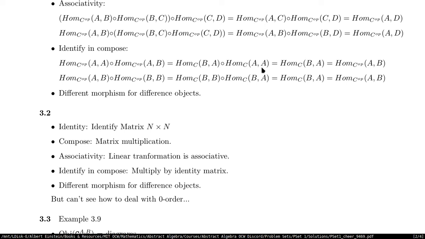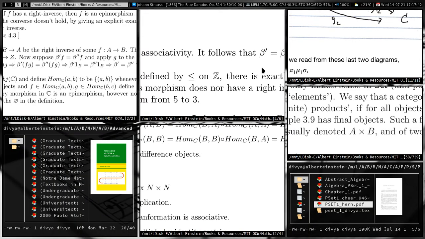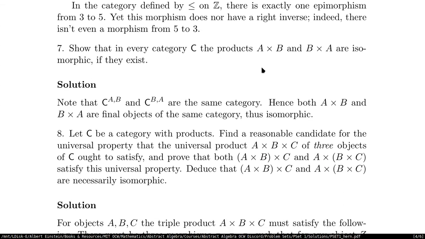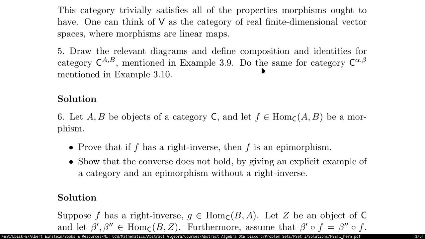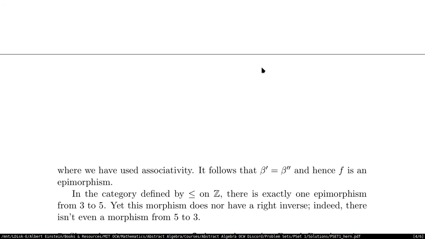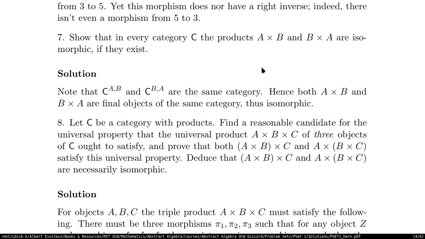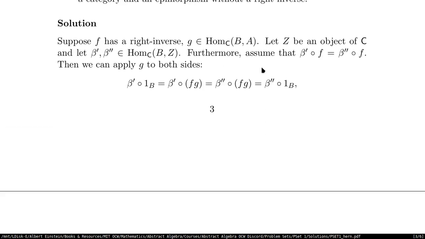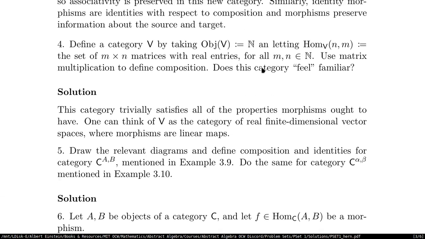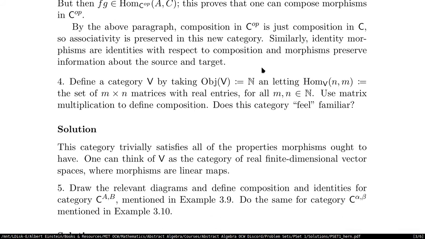Yeah, it's pretty much the same, but I think we need something more of detail. So if we see Hearn's solution: okay, the category trivially satisfies all of the properties.